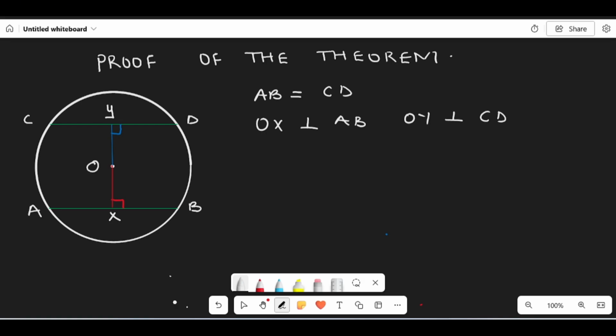Let us join OA together, and also, let us join OC together.